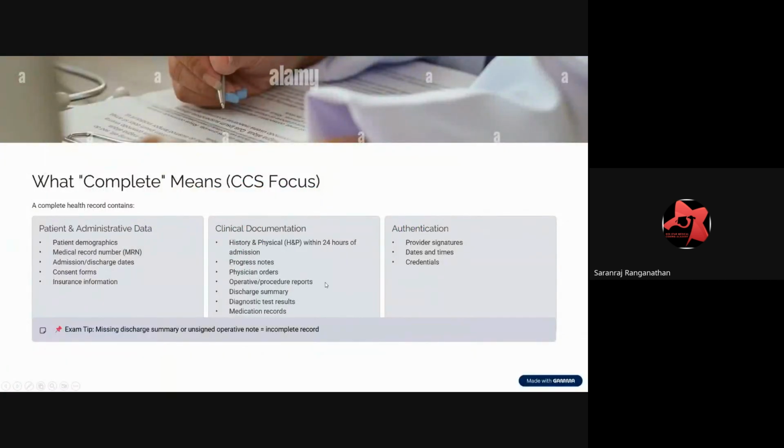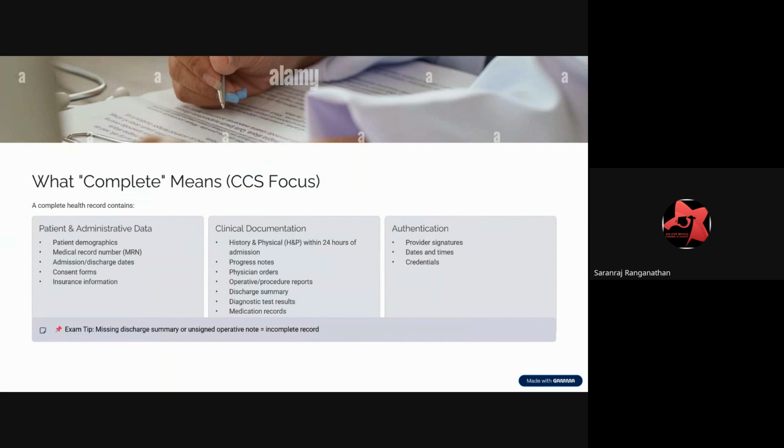So completeness comprises all this information in the documentation. A complete health record contains what? Patient and administrative data, clinical documentation, and authentication. What is patient and administrative data? Demography: patient number, patient name, patient date of birth, the service provided date, and the discharge date.